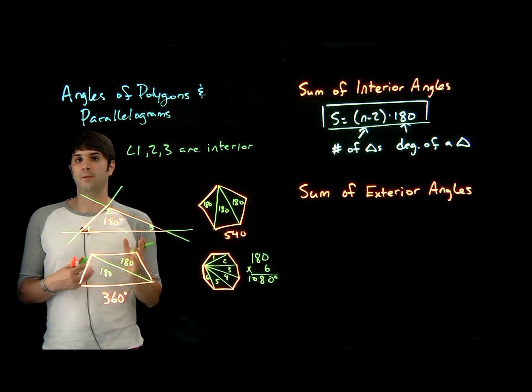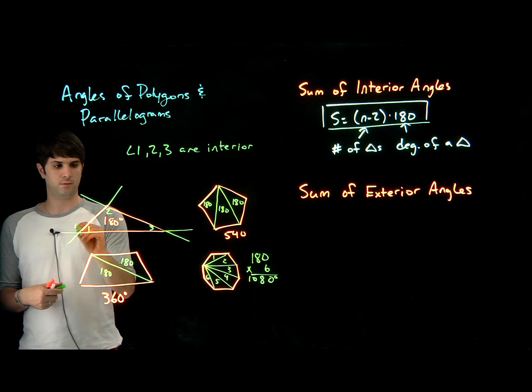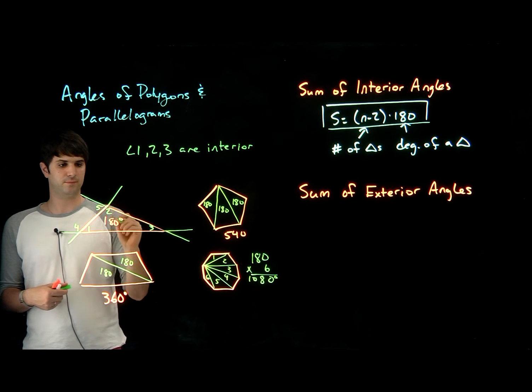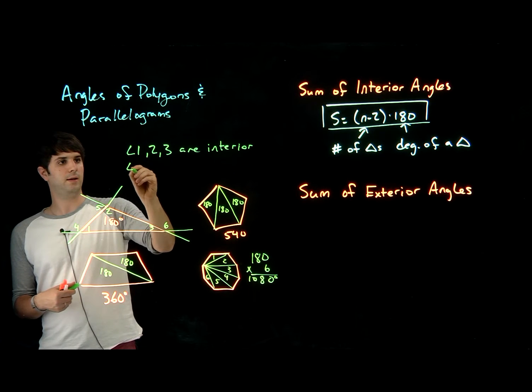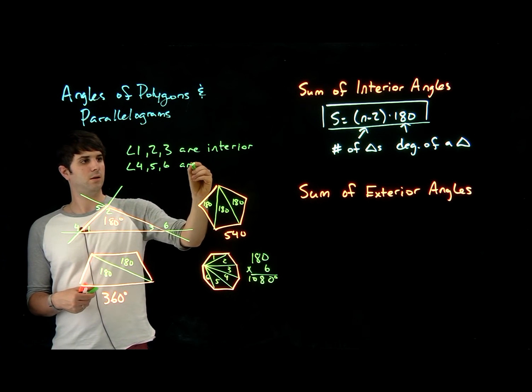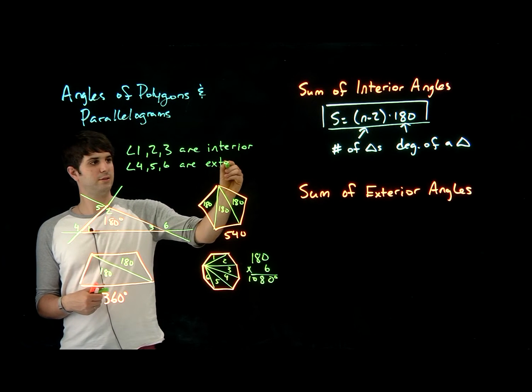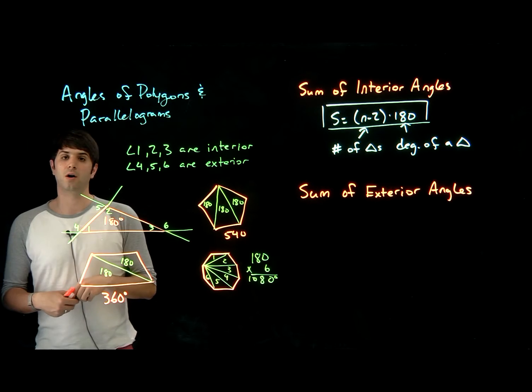So you have to think about the linear pair that is formed. And so angles 4, 5, and 6 are exterior. All right, so angles 4, 5, and 6 are exterior angles.